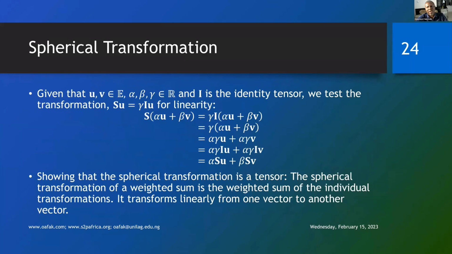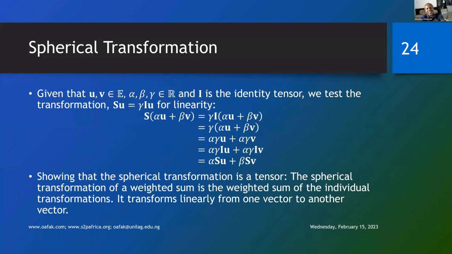So we can come back to the spherical tensor here. Now, given U and V are vectors, alpha, beta, and gamma are real numbers, and I is the identity tensor, we test the transformation SU is equal to gamma IU.